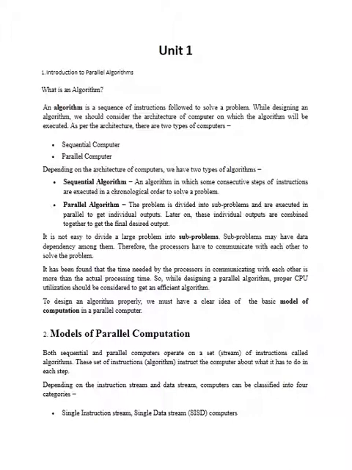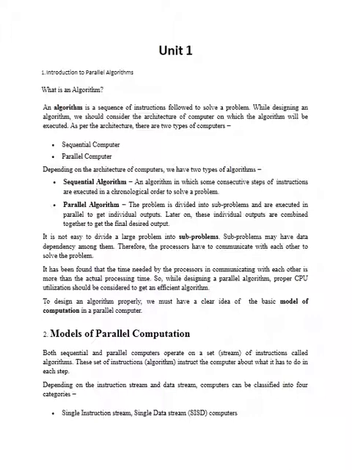Generally, if you look at algorithms, there are three types of complexities which arise: one is time complexity, second is space complexity, and third is cost complexity.